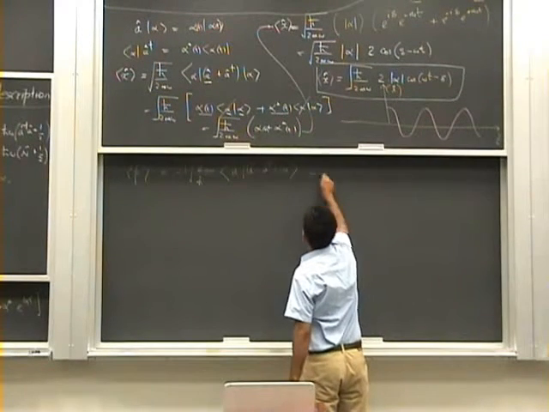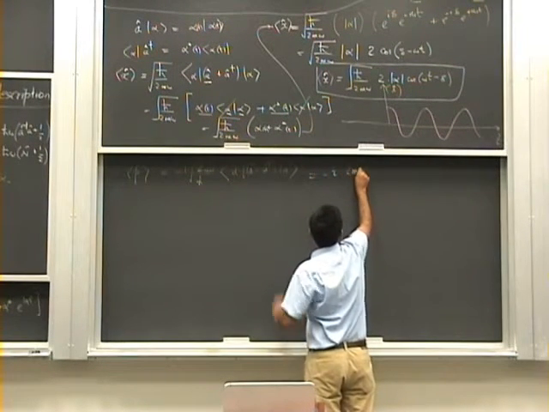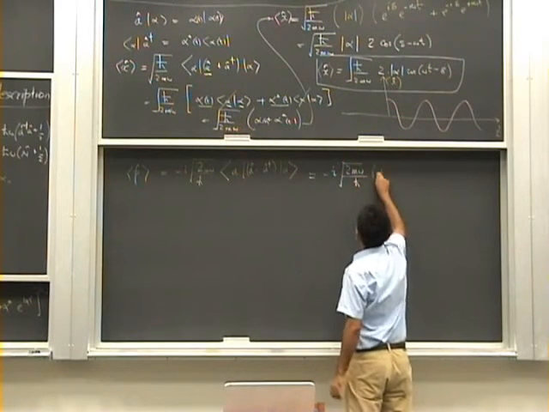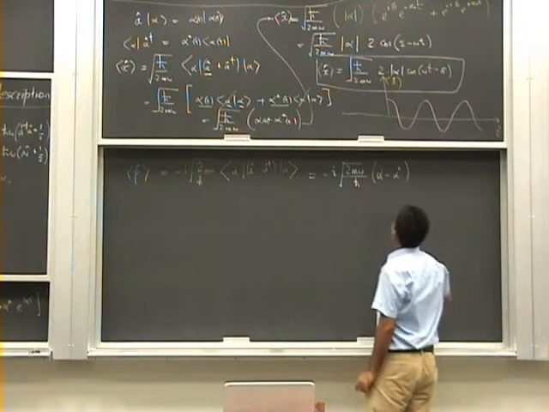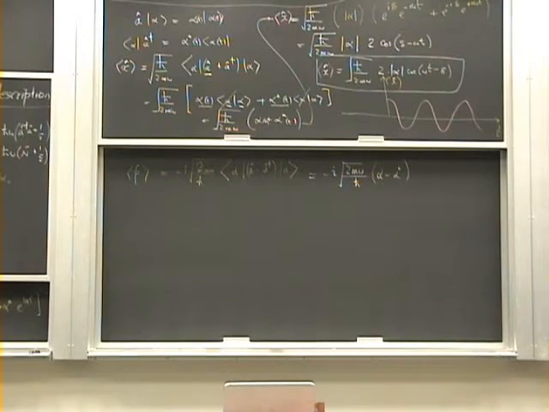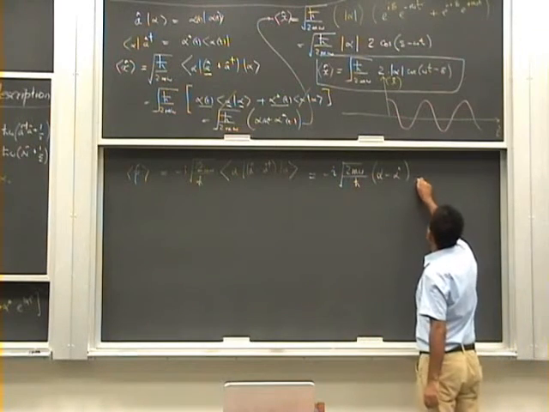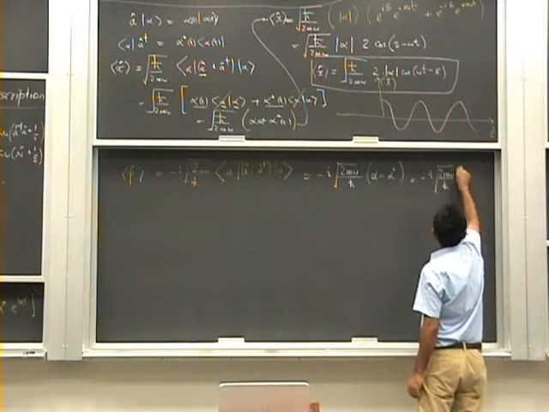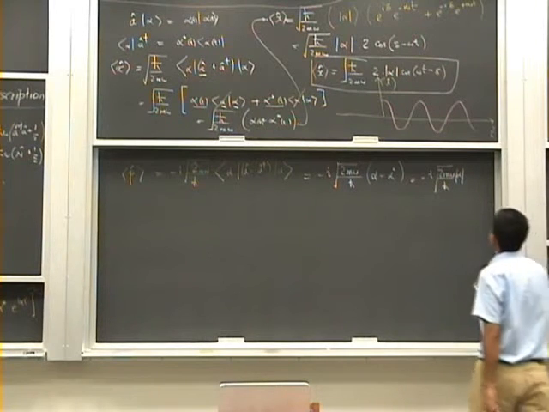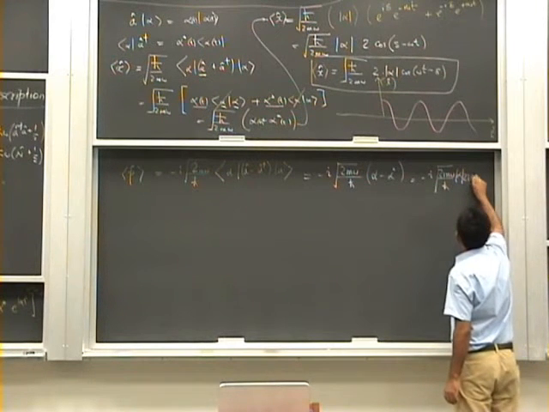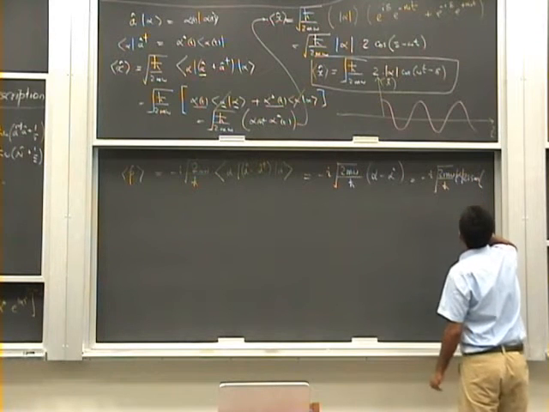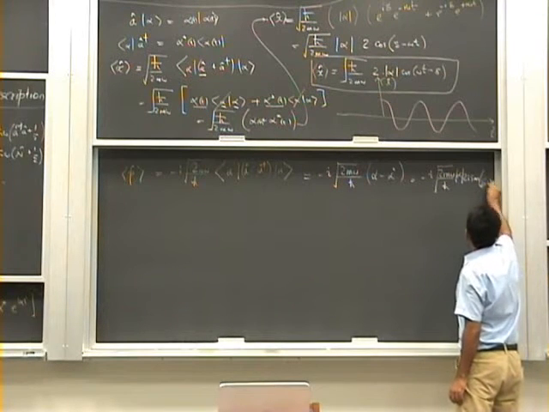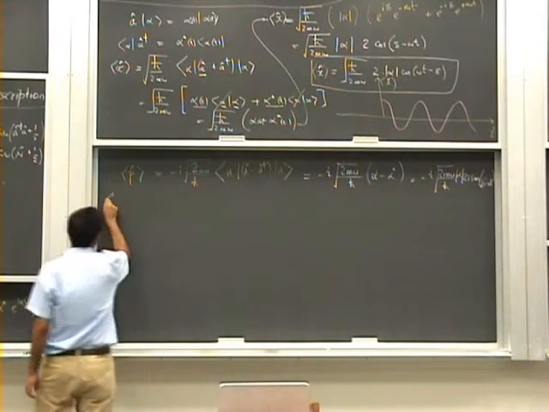So I will get minus i times 2mω over ħ with α minus α star. This is the expectation value of the momentum: minus i times 2mω over ħ, amplitude of α, 2i sine of (δ minus ωt).